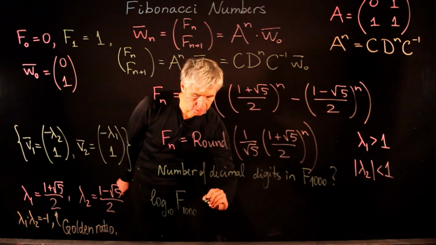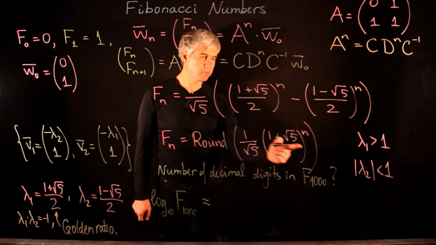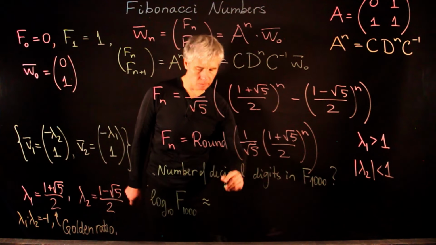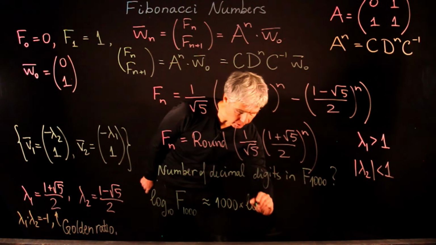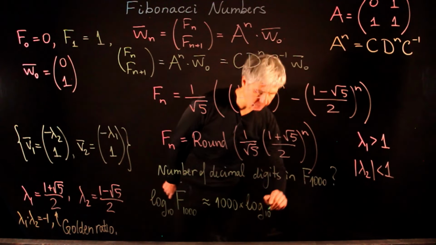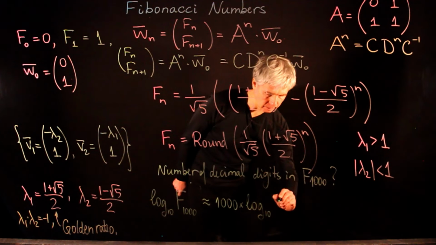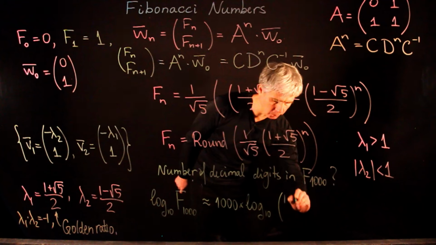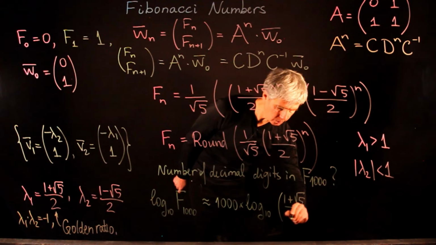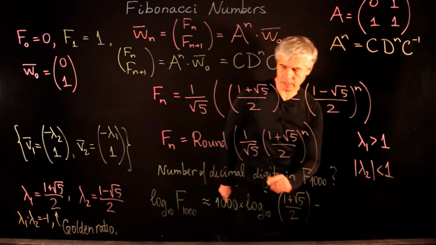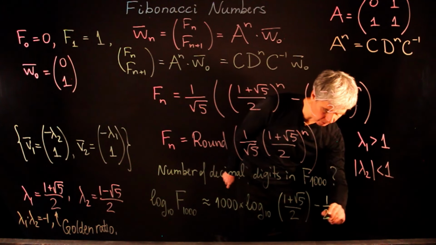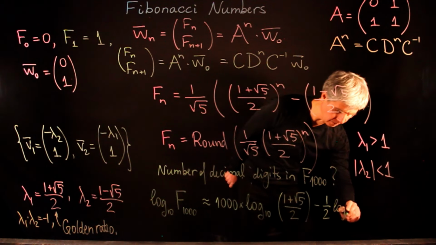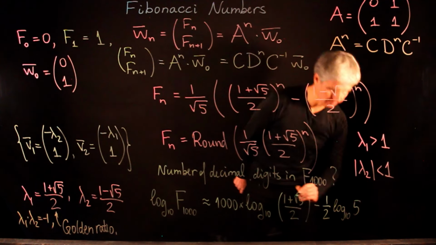This approximately equals 1000 times log base 10 of (1 plus square root of 5 over 2) minus log base 10 of square root of 5, so 1/2 log base 10 of 5.